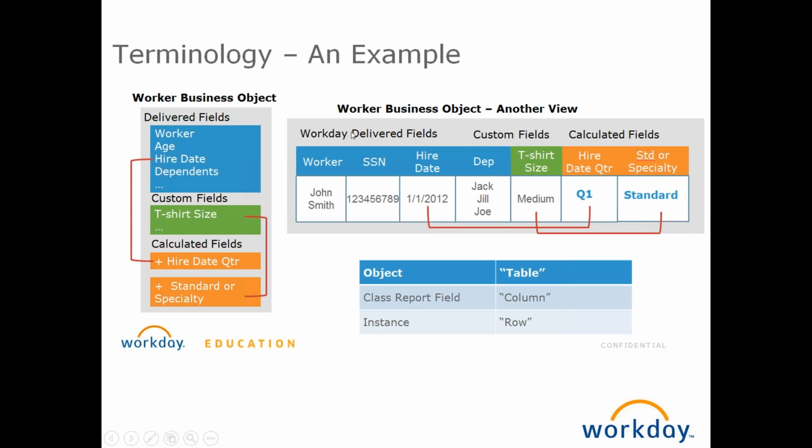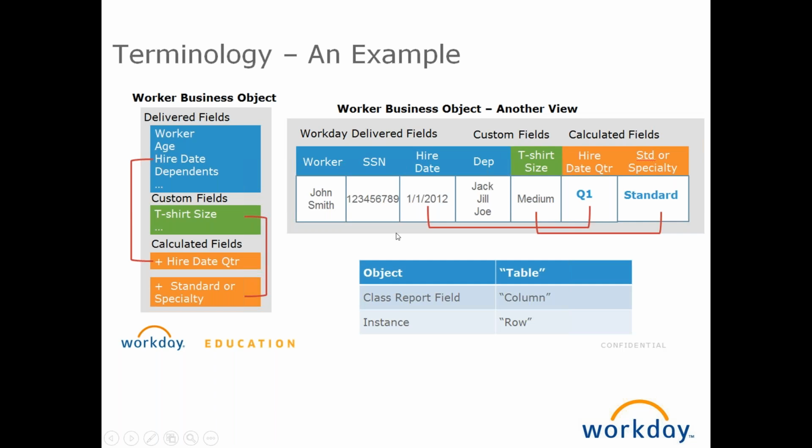If Workday is not offering some field to maintain data, you have custom fields where you maintain that data. Next, calculated fields. Calculated fields do not store data; however, they derive the value from either a delivered field or a custom field.